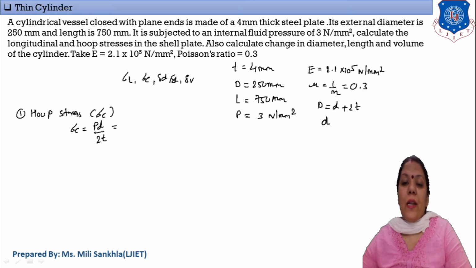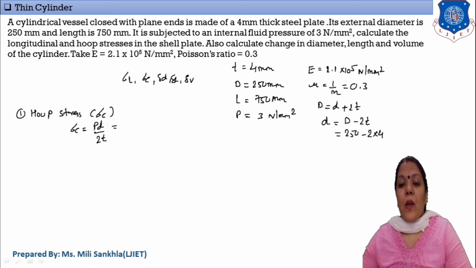So internal diameter d is equal to capital D minus 2 times thickness. Capital D is 250 minus 2 into thickness 4, and my small d is 242 mm. Internal diameter d for this thin cylinder is 242 mm.